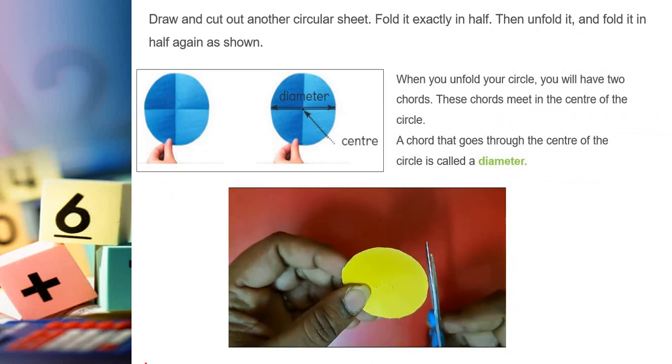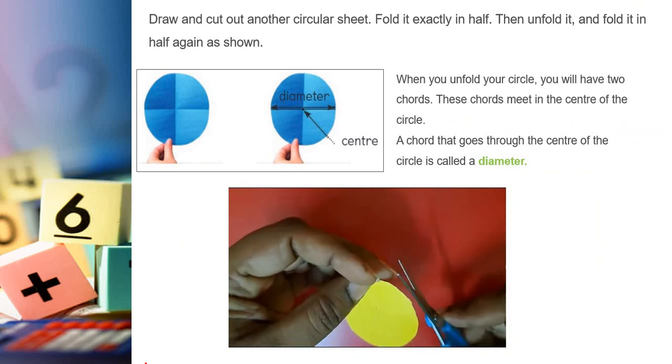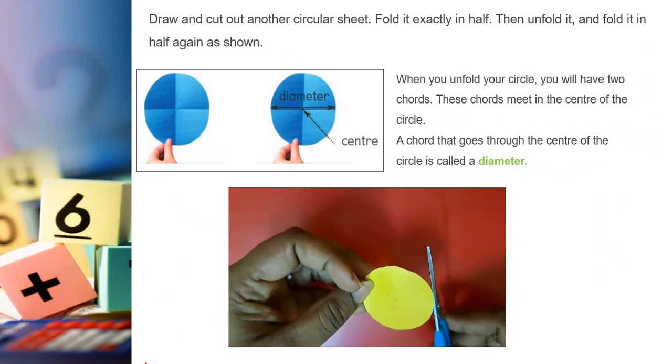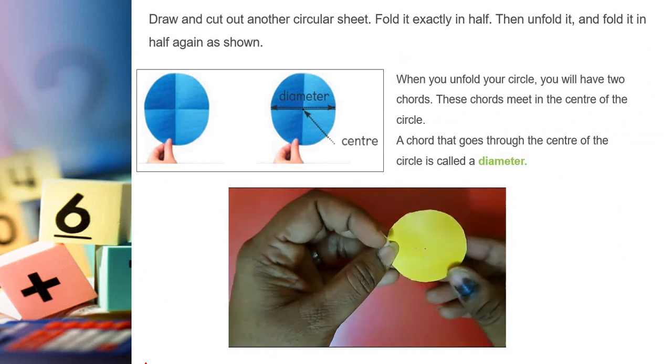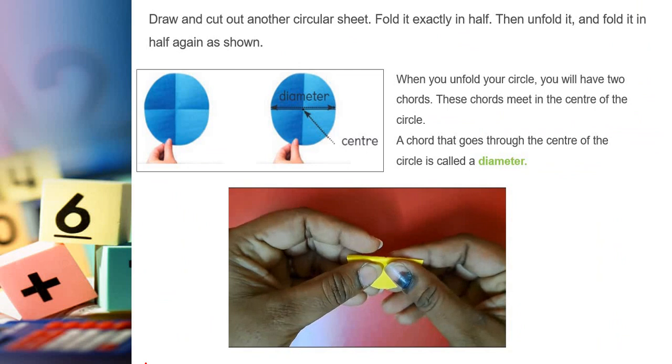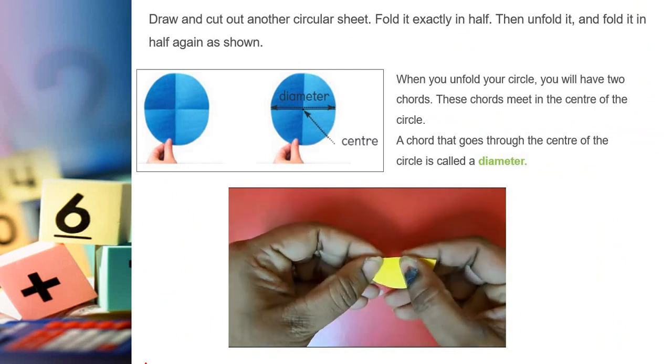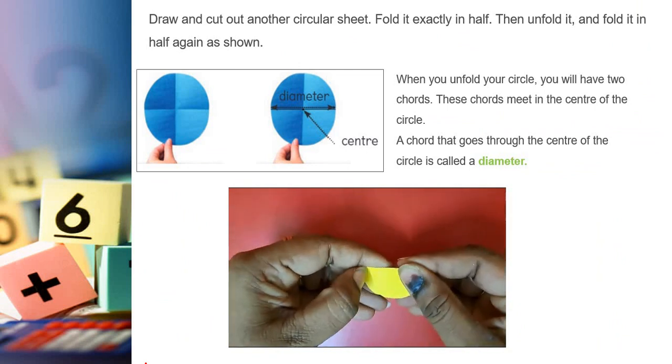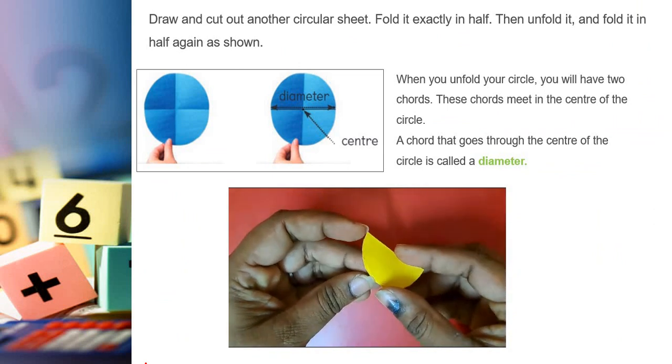Now, draw and cut out another circular sheet. Fold it exactly in half. Then unfold it.